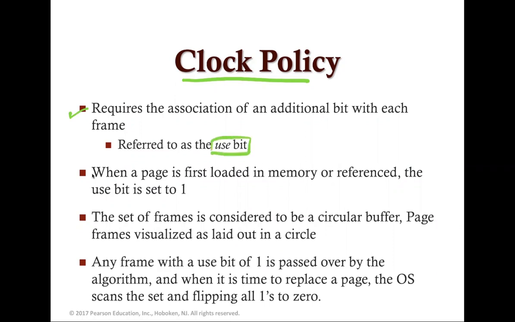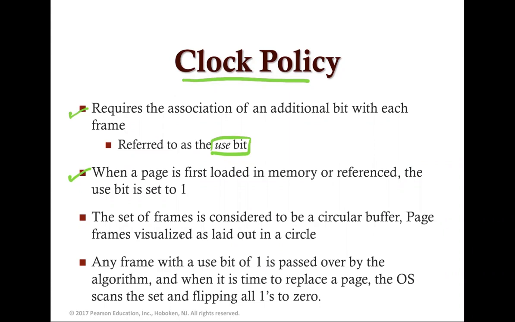The idea is when a page is first loaded into memory, the use bit for that frame is set to 1. Whenever the page is subsequently referenced after the reference that generated the page fault, its use bit is set to 1.